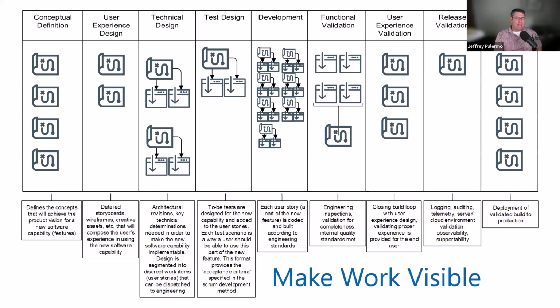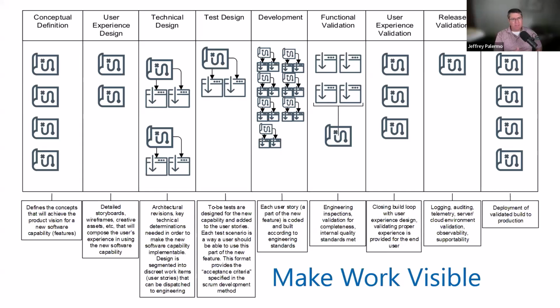We might come up with an idea that makes it unnecessary to do that particular feature that was thought up. Maybe we can make a process change and accomplish the goal without even having to deliver the software.